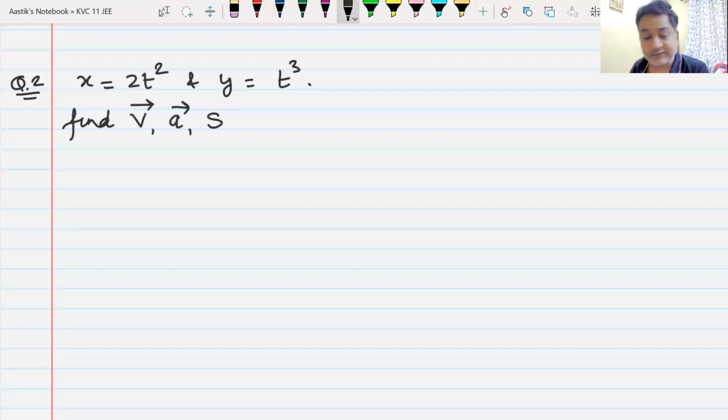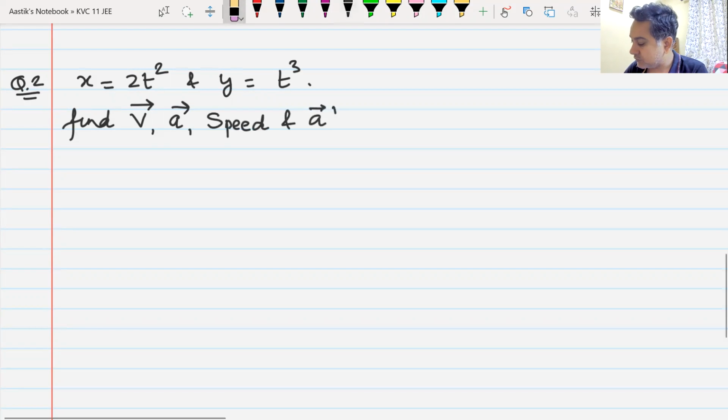What is S? S is not displacement. Speed. And simply A, what is simply A?